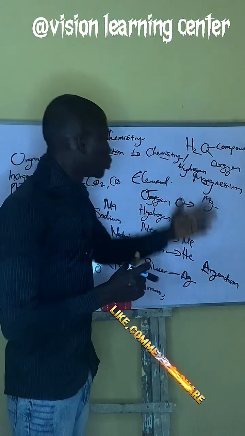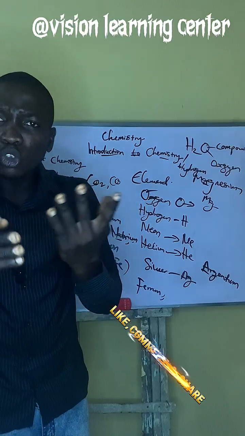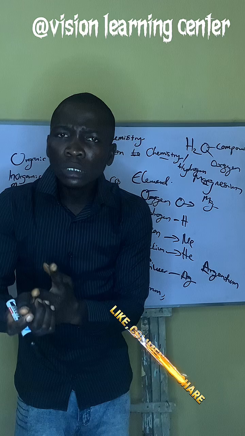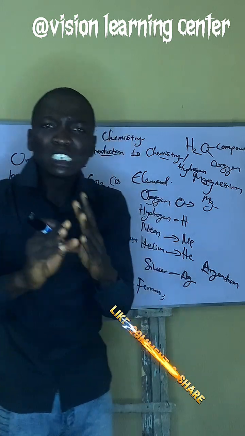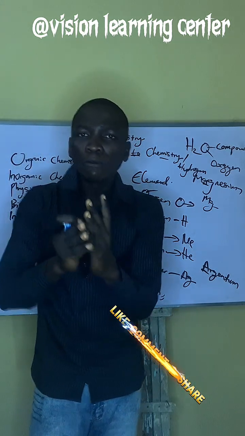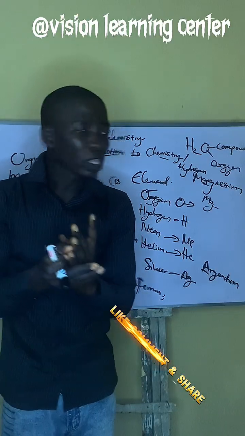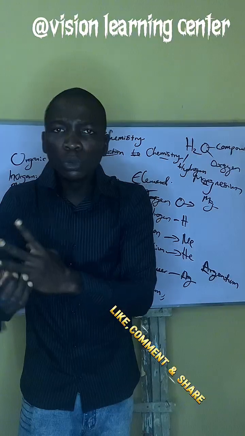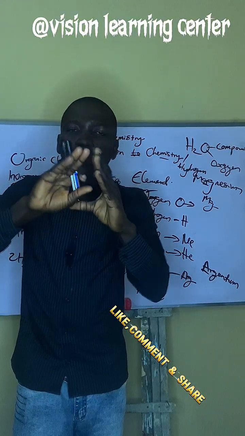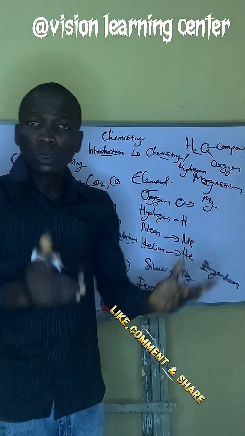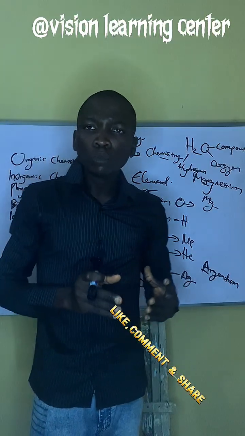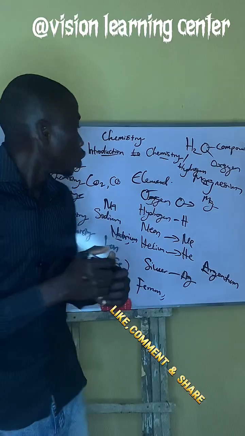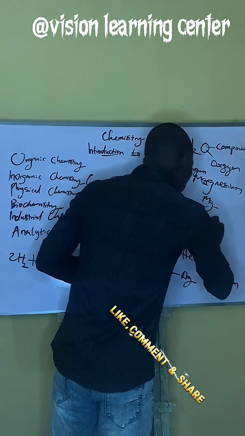When we talk of mixture, we have air as a mixture. Air contains hydrogen, oxygen, and noble gases that make up the mixture of air. We also have crude oil, which has petroleum and gasoline, mixtures that come together to make up crude oil. So the combination of two or more substances that can be separated by a physical method is what we call a mixture.